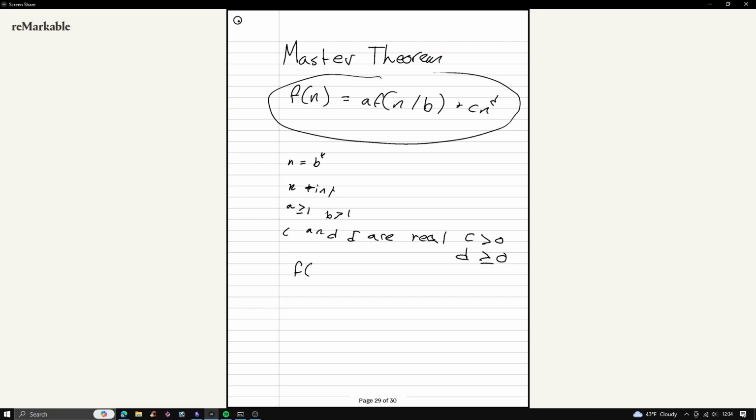So f of n is equal to O of n to the d if a is less than b to the d. O of n to the d log n if a equals b to the d. And O of n to the log base b of a if a is greater than b to the d.